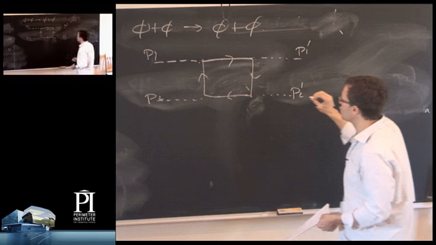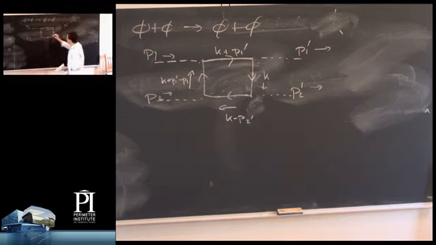To write down the amplitude for this, I can just use the Feynman rules again, but I have to be a little more careful. Remember, this momentum is coming in, and this momentum is coming out. And then I'm going to have to pick an arbitrary momentum on one of these sides. So let me just pick this side. Let me say there's a momentum k running here, but then I've got delta functions at each of the places.